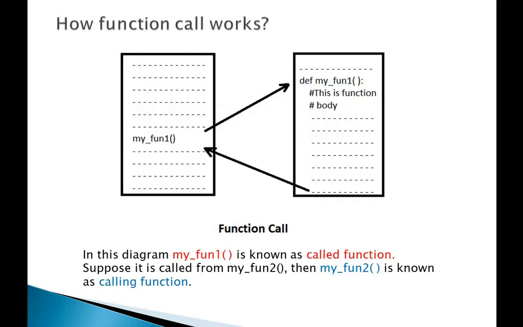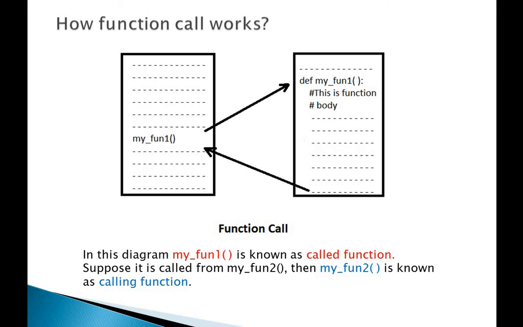A function has three parts: function definition, function call and return statement. How does a function call work? It is shown in this diagram. The first block corresponds to one section of code. The second block corresponds to another section of code. In the first section, there is only one line.